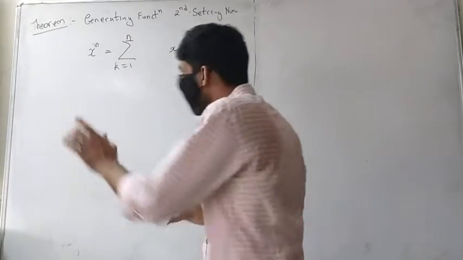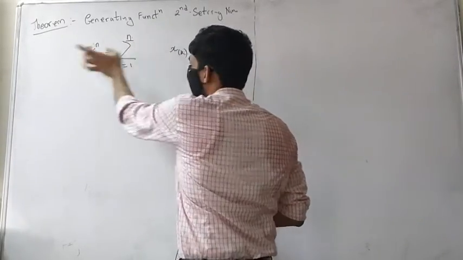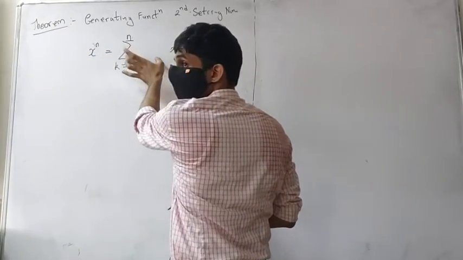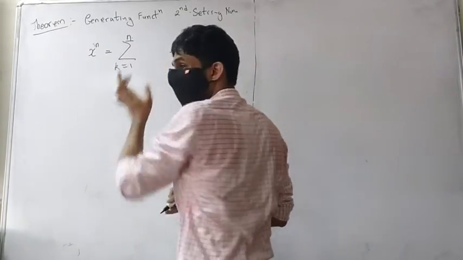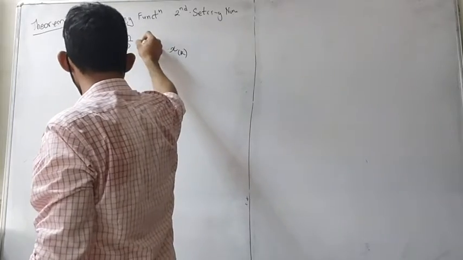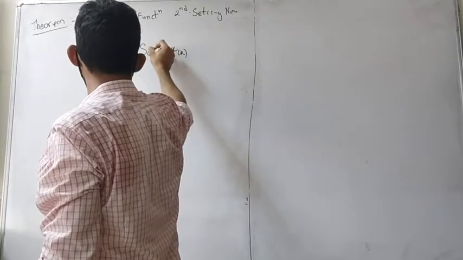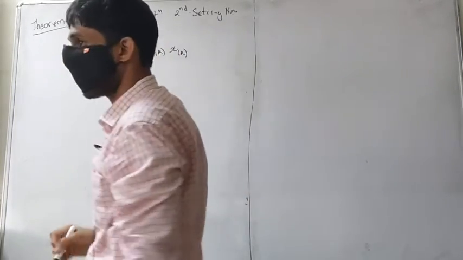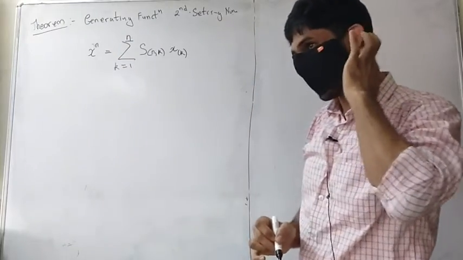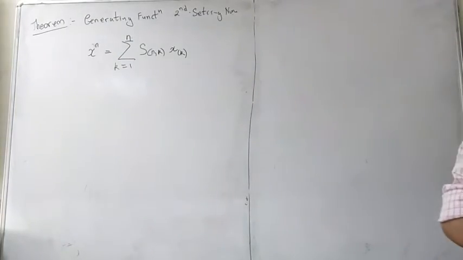Okay, I am interested in knowing what these coefficients are. I want to write these in terms of these, right? So I am interested in what these coefficients are. Surprisingly, this exactly becomes the second Stirling number. Okay, so that's what it is.